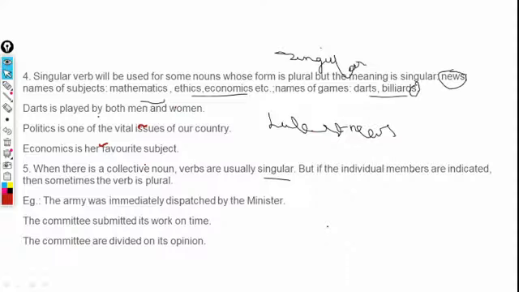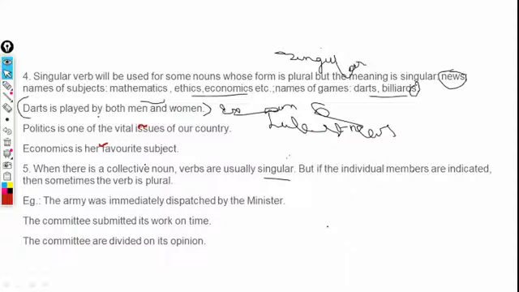Hence, there will be a singular verb, undoubtedly. Like for example, darts is played by both men and women, and this is actually one of the exam questions.